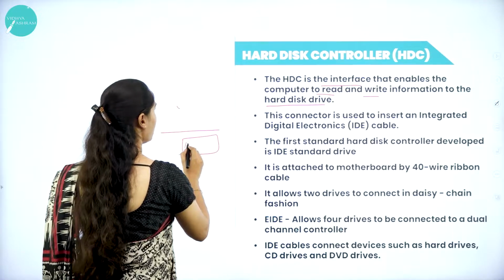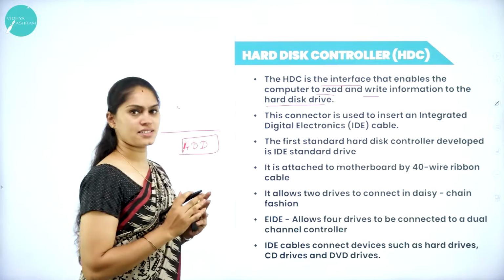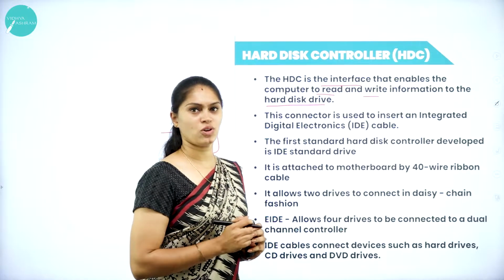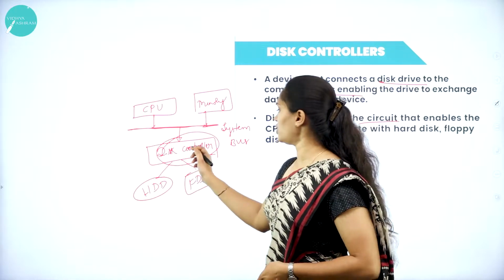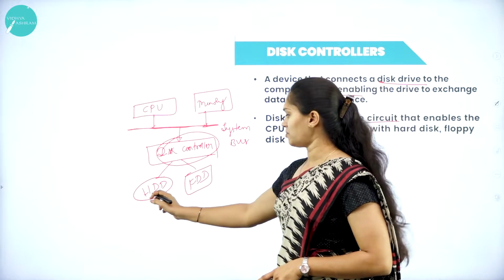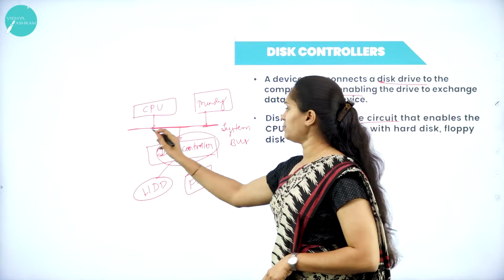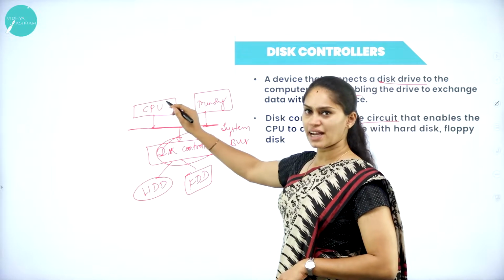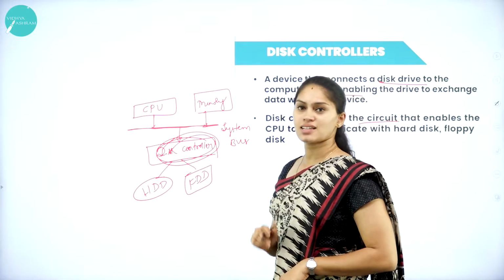Let me tell you one thing. Consider this as the hard disk drive. There will be some data and instructions. As I told you in the previous slide, here you can see there will be a disk controller. In that disk controller, we have the hard disk drive along with a floppy disk drive. There will be some interface, that is the system bus. If I want to access the data from the CPU or memory, then I have to interact with this disk controller.